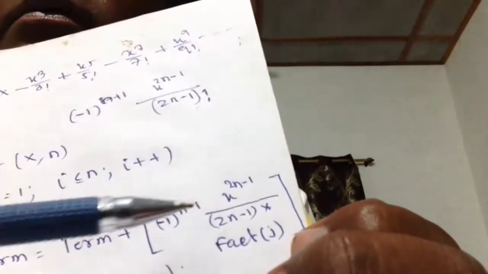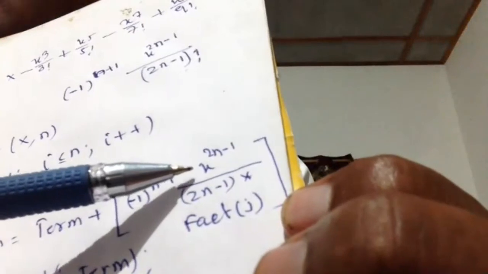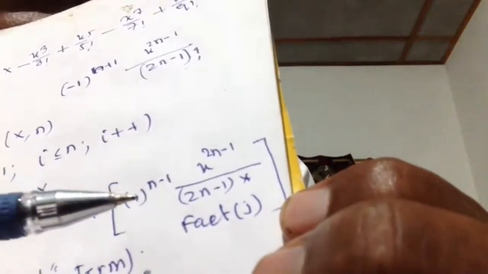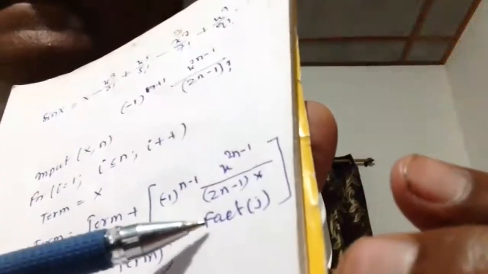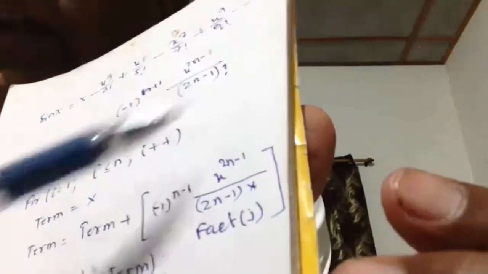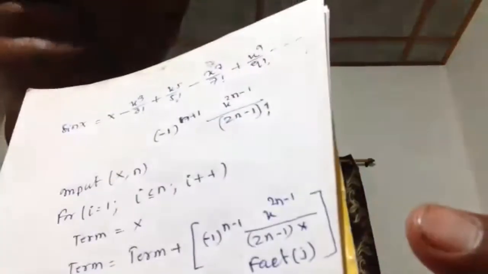After that, into 2n minus 1. After that, x to the power, no space, that's why I'm putting below. Fact i means I'm calling the function as a factorial where it is available. That factorial I'm calling in the main program. This is the main program.